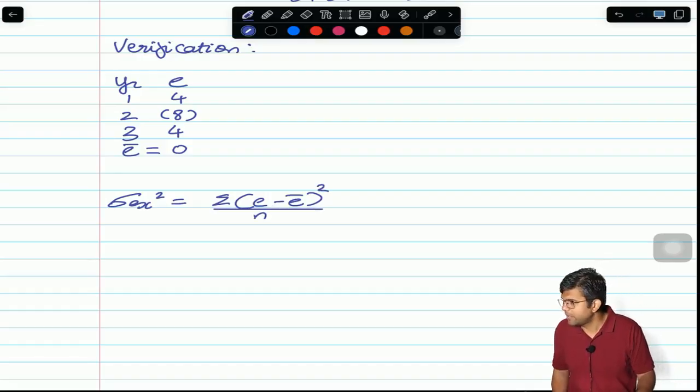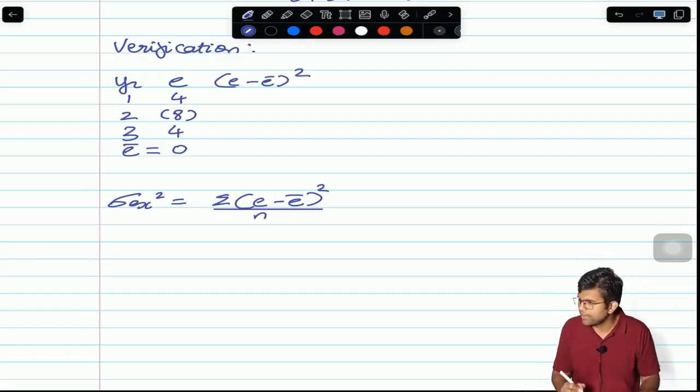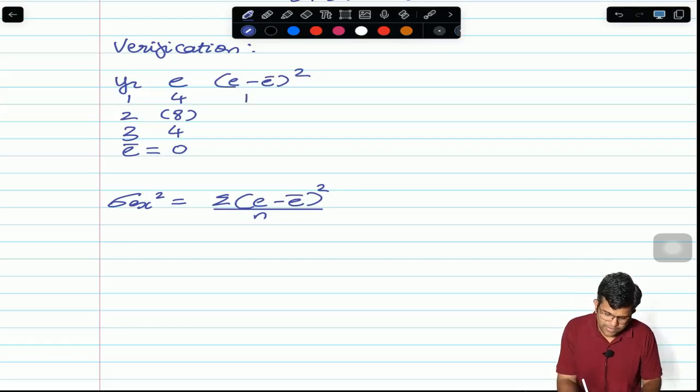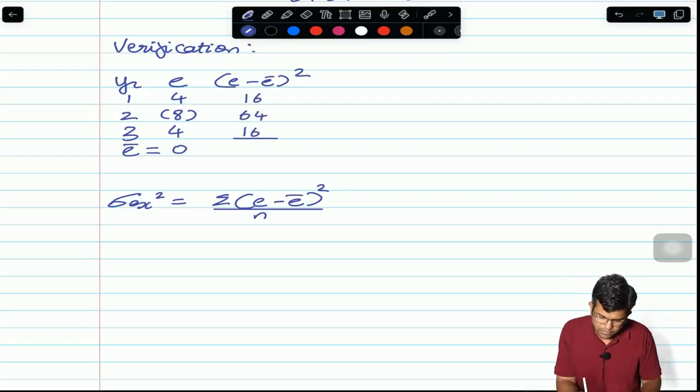You are understanding what I am doing here? E minus E bar, the whole square by n. So if I do 4 square 16, 64, 16, the total will come to 96. This will be 96 divided by 3, which is 32.